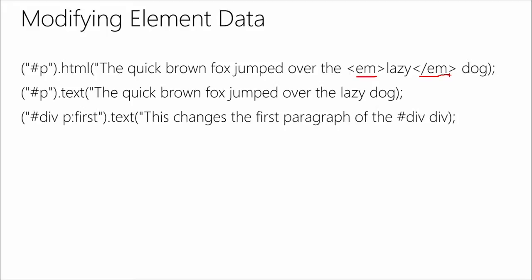So what that would do is just take that HTML and add that in with the text in HTML. So you can make that as big as you want. You can change it to a really, really big chunk of HTML. The text method does basically the same thing, except you're not going to add in any HTML elements in there. It's going to be just pure text.